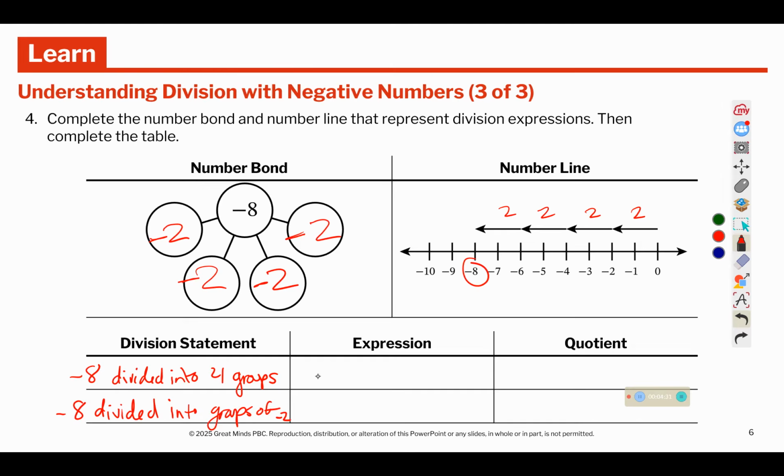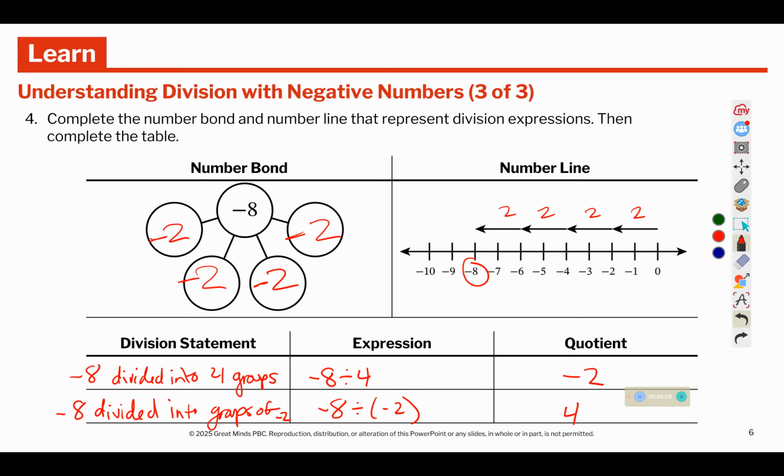The expression for this one: -8 is divided into 4 groups, or -8 is split into groups of -2. In this case, the fact family would result in a -2, and in this case, the fact family would result in 4 because we were able to create 4 groups of -2.